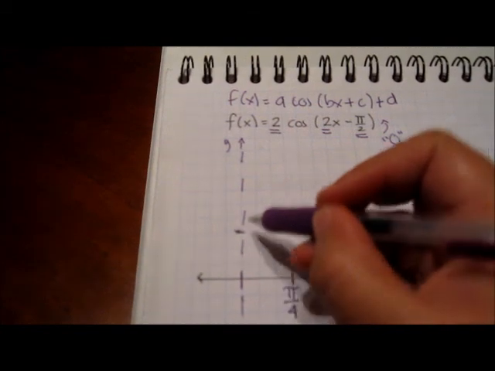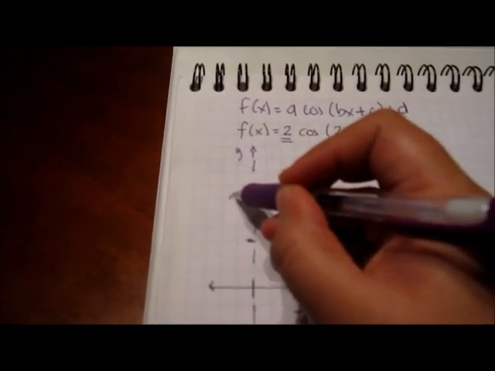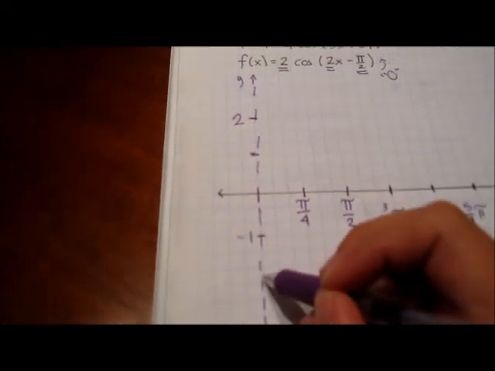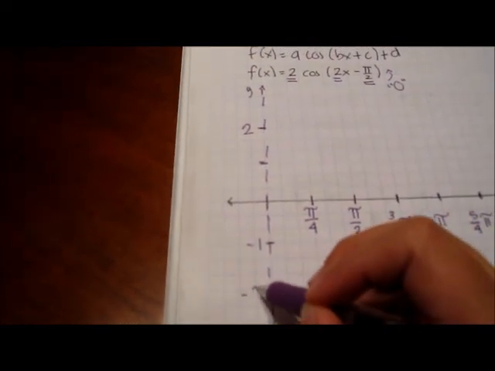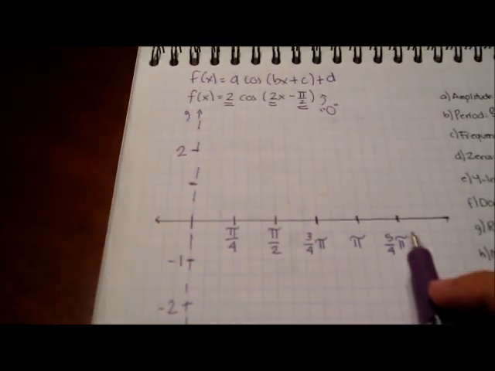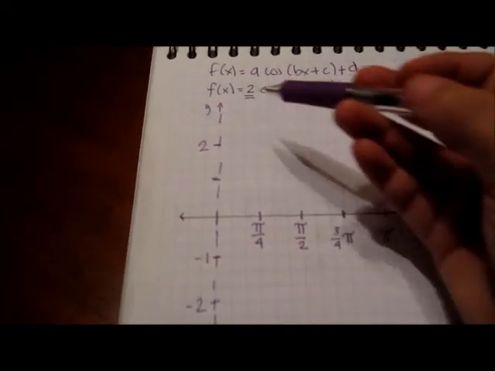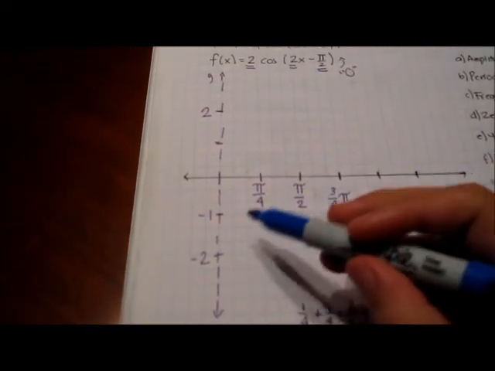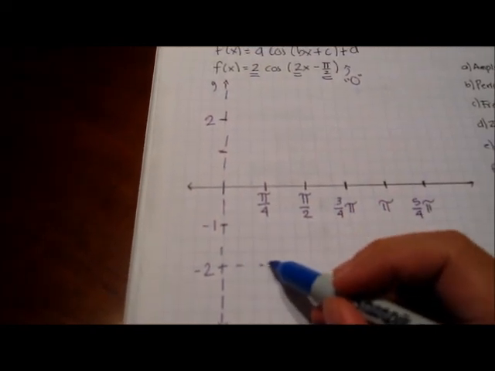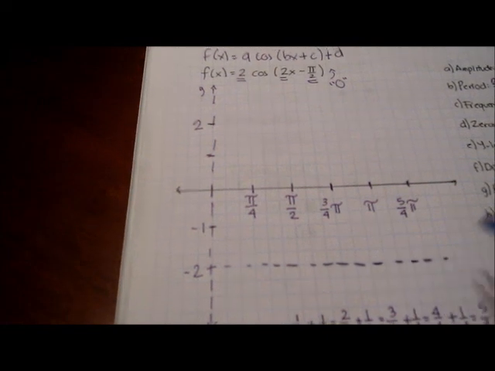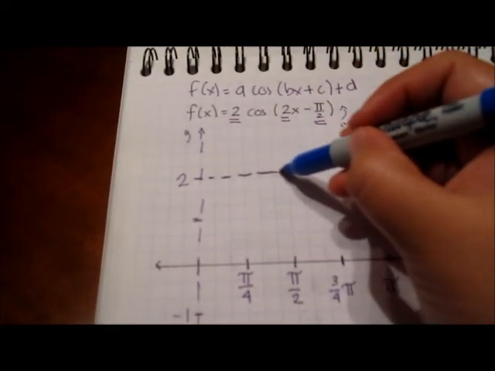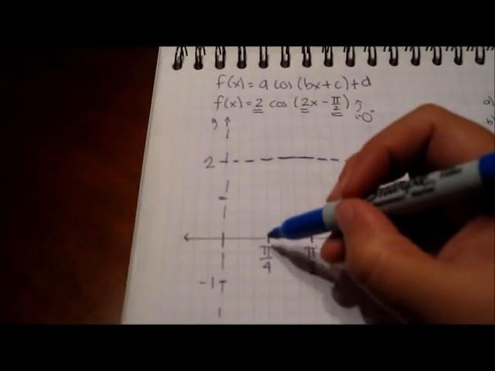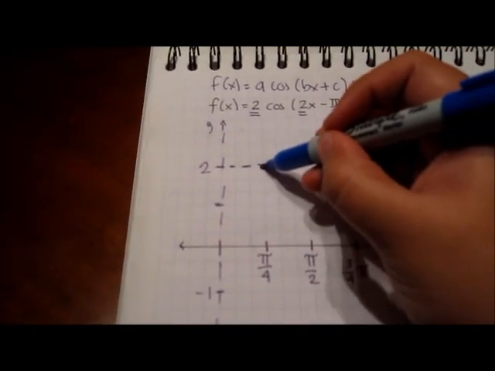So let's graph it. It's 1, 2, and with negatives, -1, -2. When I have all the values for x and all the values for y, now I'm able to graph. My start point is going to be this one.